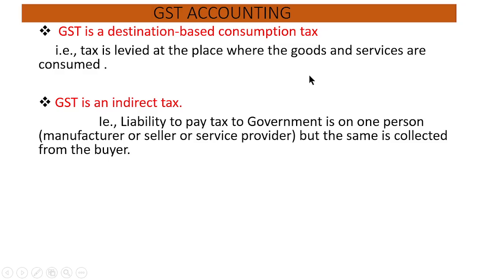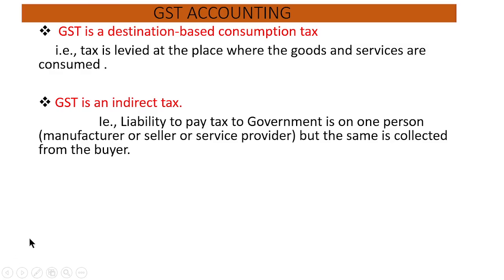So simply we can say the liability to pay tax to the government is on one person, that is manufacturer or seller or service provider, but the same is collected from the buyer. That is called indirect tax. I am paying tax to the seller, and the seller is paying tax to government. So in this case I am paying tax to government indirectly. That is called an indirect tax.